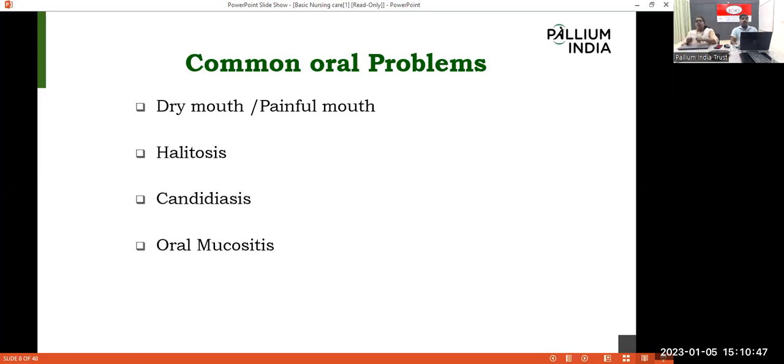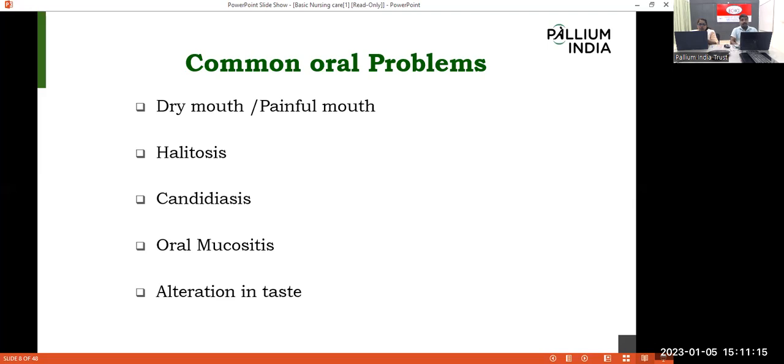Then oral mucositis. Mucositis means edema, redness and inflammation signs inside the mucosal layer, tongue, or inside the cheek area. That mucositis is also painful for the patient. Along with that, the patient cannot take food orally.